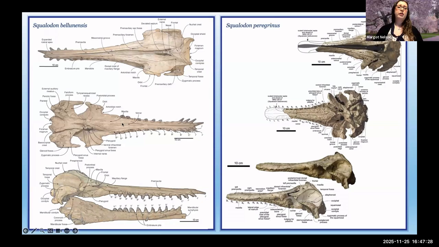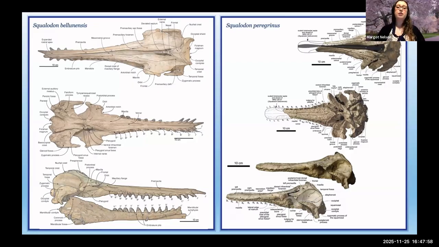For Squalodon bellunensis, something that we discovered when we were looking at these specimens is that all known specimens exhibit really heavy tooth wear that we don't see in other species of Squalodon where the teeth are really well preserved. Because it's happening in every specimen, we're able to say this is a behavior not of a single individual, but of this species.